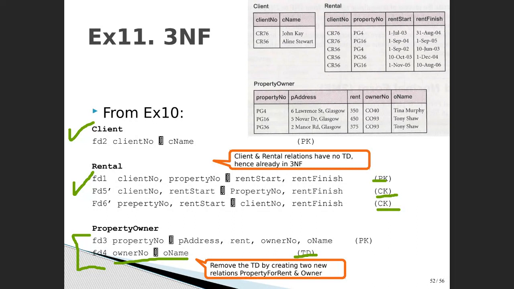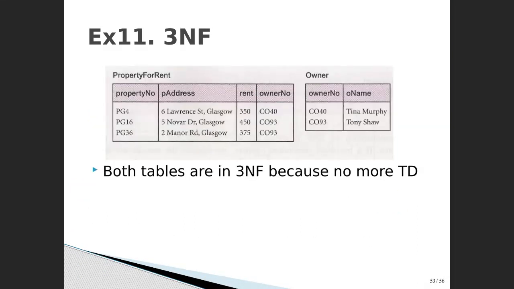So we need to remove only this from the third relation and place it in a separate relation. They remove the owner along with its key, and they keep the key as a foreign key in the main relation. We must make sure that there are keys linking all of these relations. So this is the foreign key, this is the primary key.